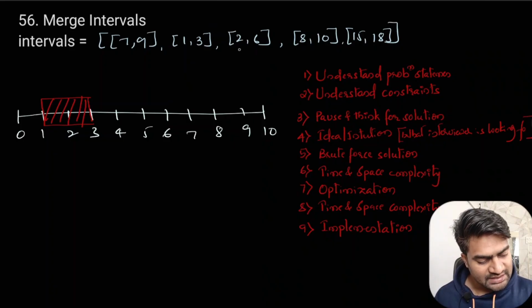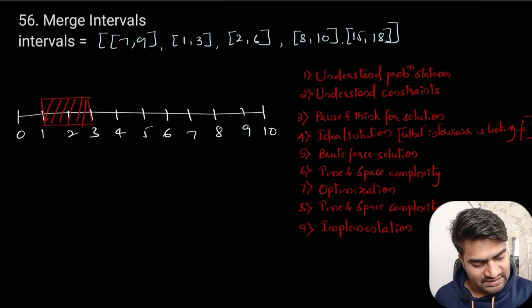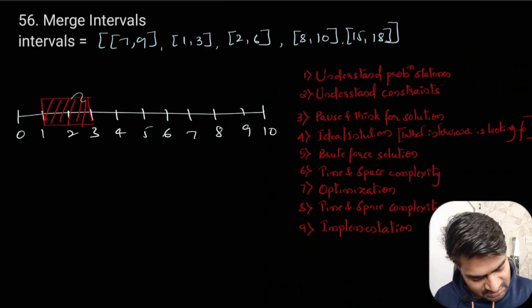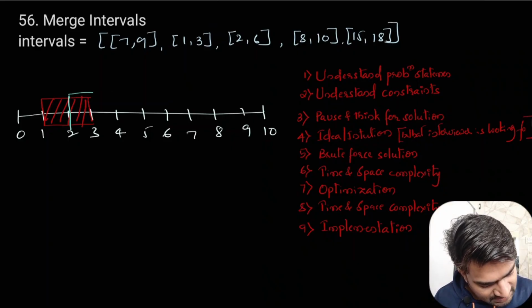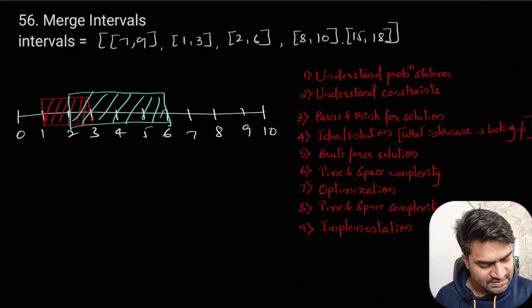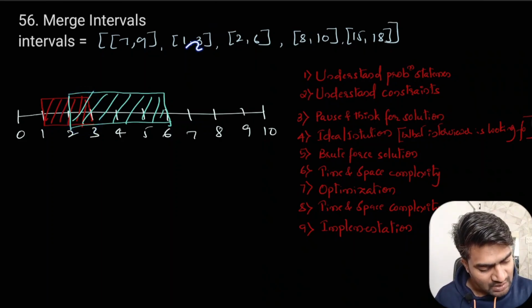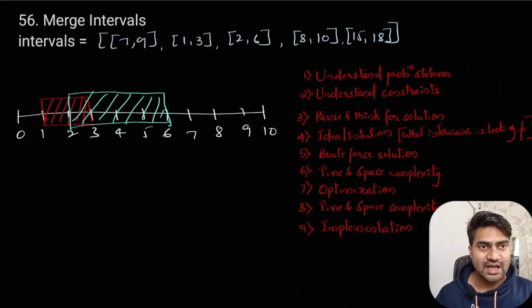Now let us take the next value, which is 2 6. I will take a different color. So that 2 6 will be something like this, between 2 and 6. Now if you see this, it is partly overlapping. So we can say 1 3 and 2 6 are overlapping ones.